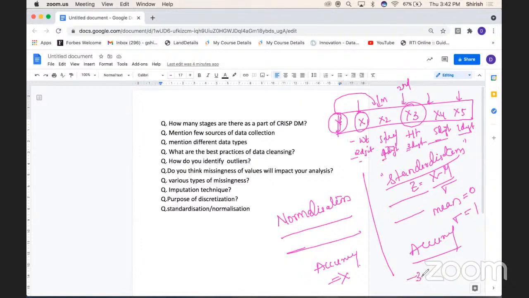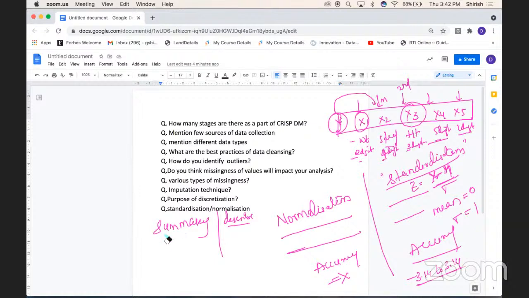So once you do this standardization, you calculate x minus mu by sigma. It is in the minus 3.14 to 3.14 range. All will fall in this particular range. How do you check that? In R, you check it by writing summary. In Python, you can check using the describe function.